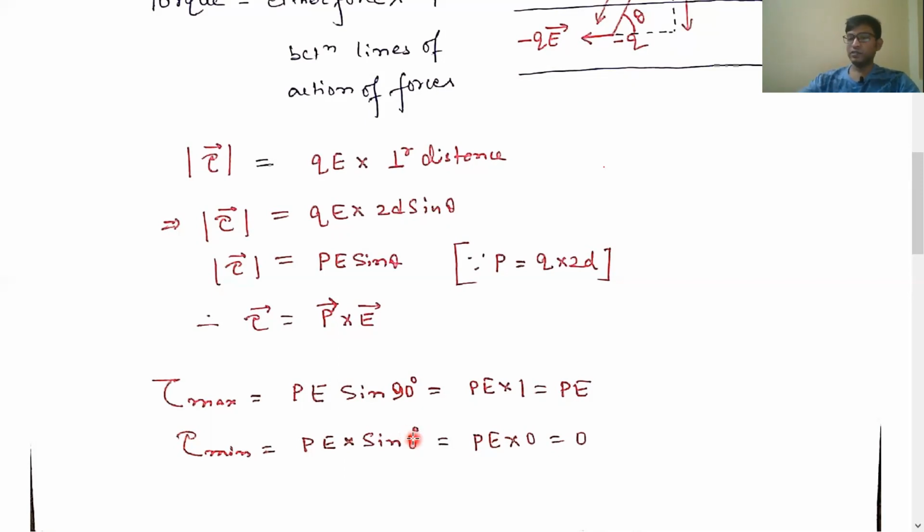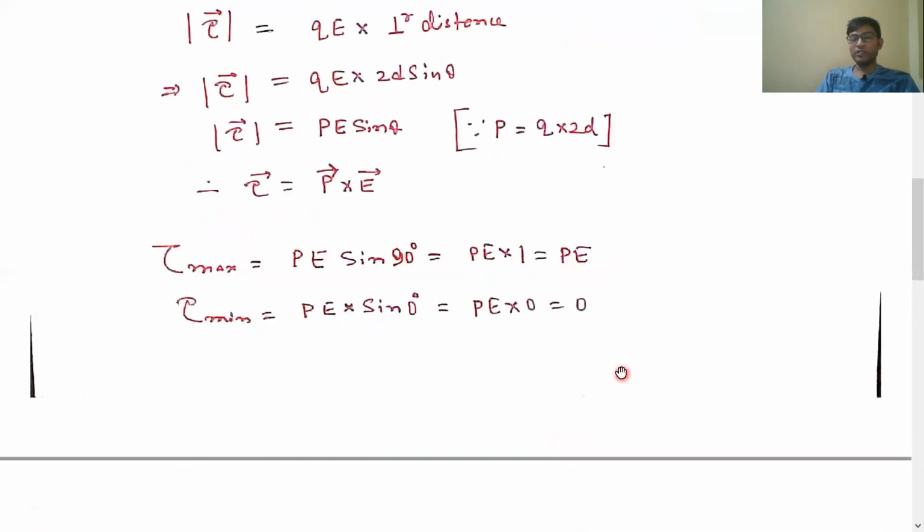Let us suppose this one is the electric field direction and this one is the dipole moment. When they act in a common direction, theta will be equal to 0 degrees and the torque will be minimum. It means that there will be no torque, there is zero torque at that position.